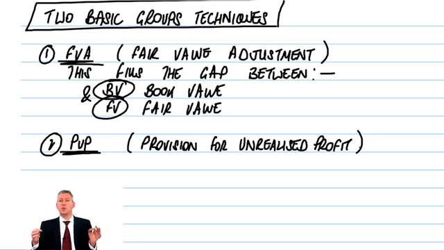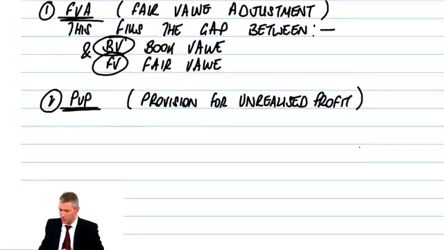So in order to remove this problem in group accounting, we have this twiddle, and it's a bit of a naff name, provision for unrealised profit. A better name would be adjustment to remove unreal profit. But still, that's its name, provision for unrealised profit. But we can flavour it appropriately, so that's what I'll do.